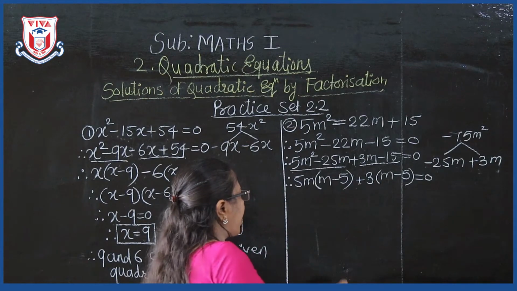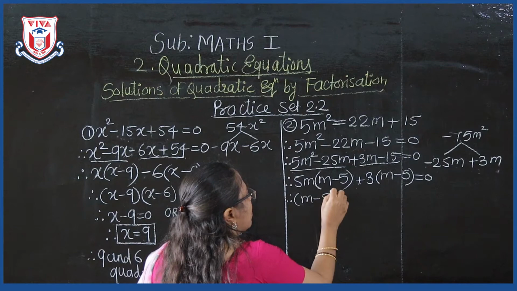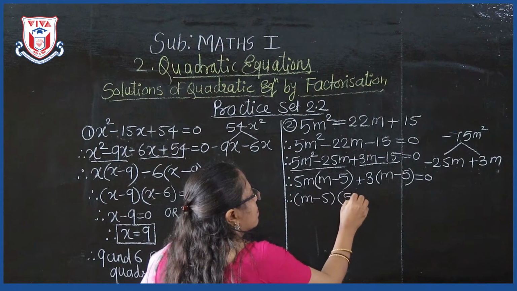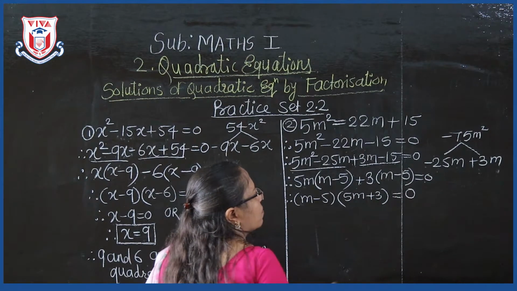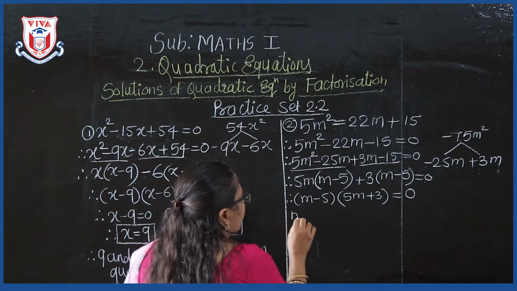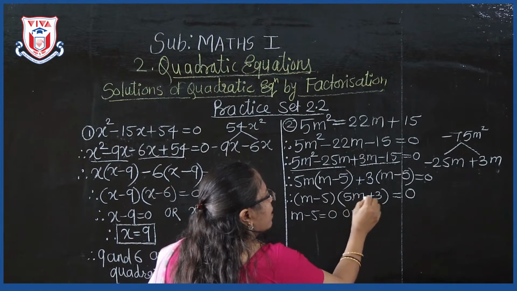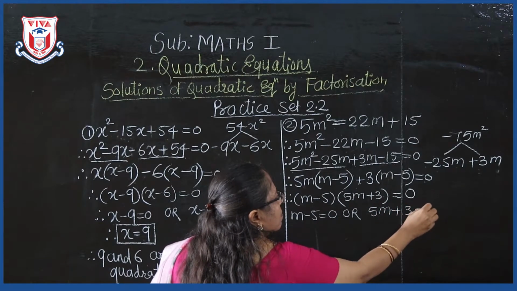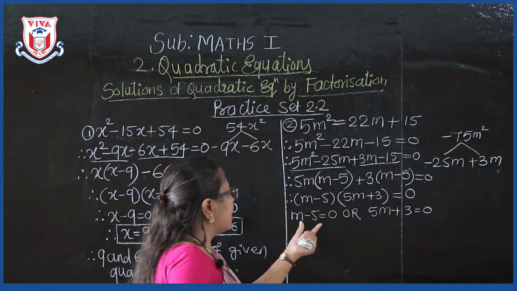So this is one of the factors, and the other factor is 5m plus 3 equal to 0. So either m minus 5 equal to 0 or 5m plus 3 equal to 0. Follow this? Now solve these linear equations.